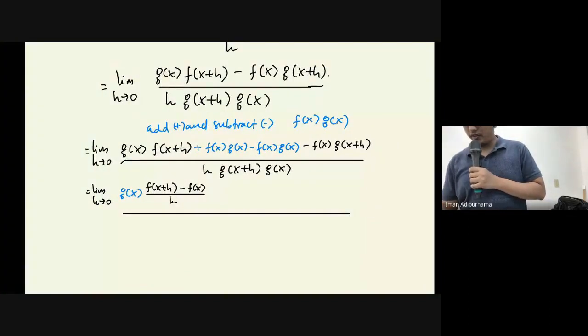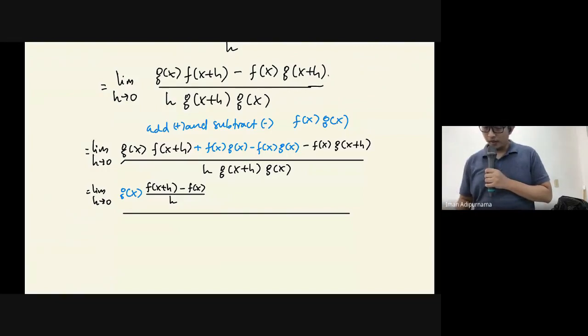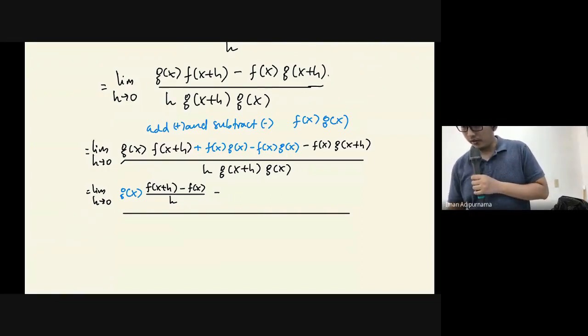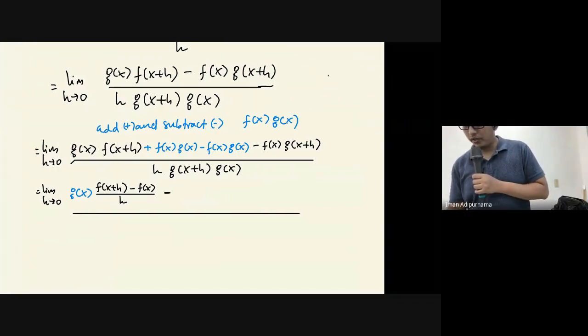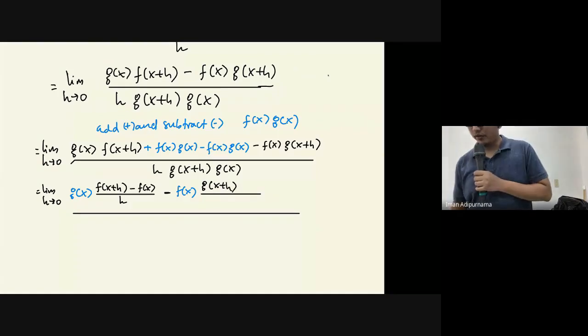So first is g(x), and then we minus this with the second part of our equation, which is this minus f(x) g(x plus h). So write f(x), and then write the g(x plus h).